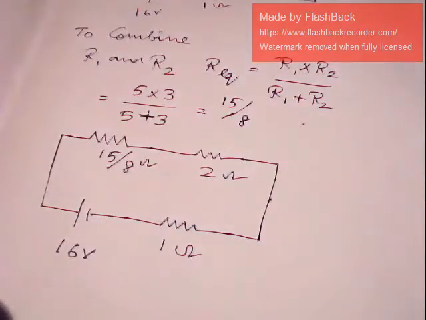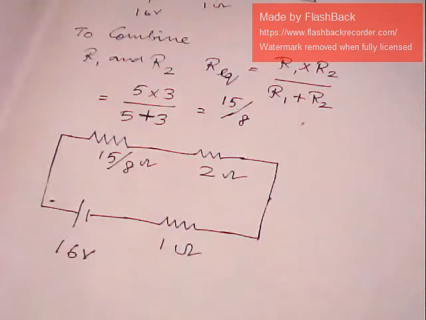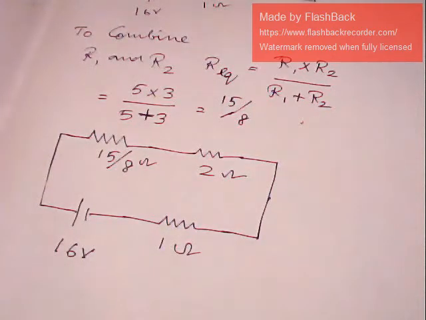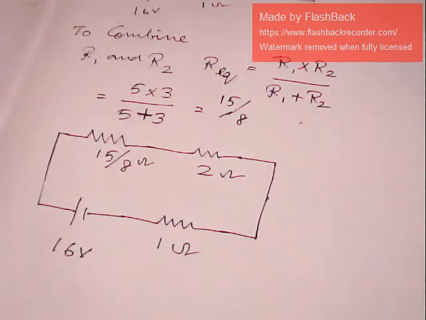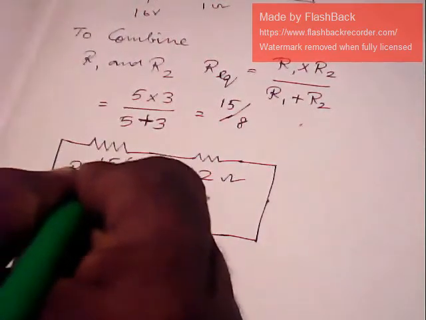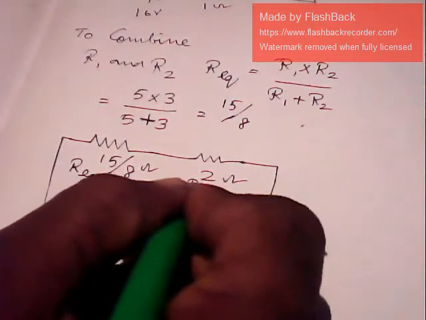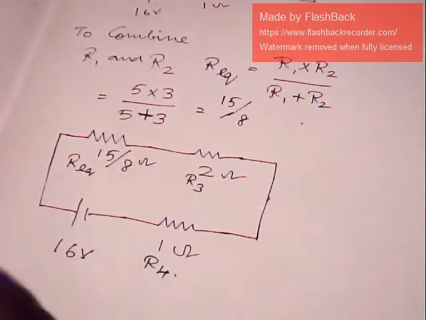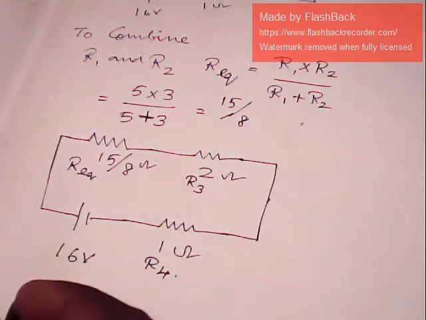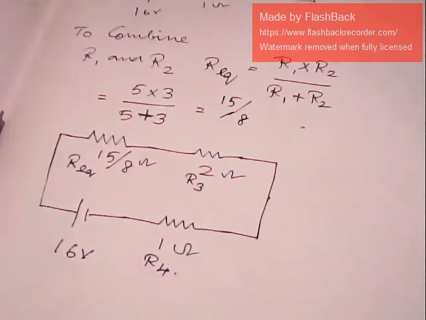And then you have the 1 ohm. So now all these resistors are in series. As you know, when resistors are in series, you can just add them together. This is the equivalent resistance, this is R3, this is R4. All these can be added together into a single value.